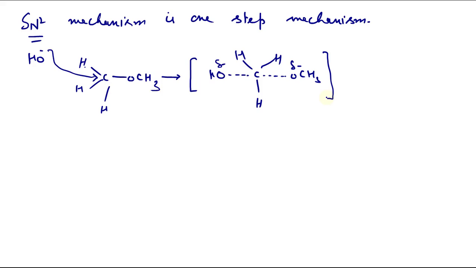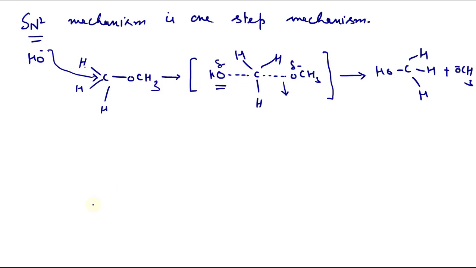Before the OCH3 departs, the new bond starts making. It is a concerted sort of mechanism, so eventually we get this product. You can see here the bond to methoxide is about half broken, and before it is completely broken, OH starts attaching to carbon. So this is our transition state.